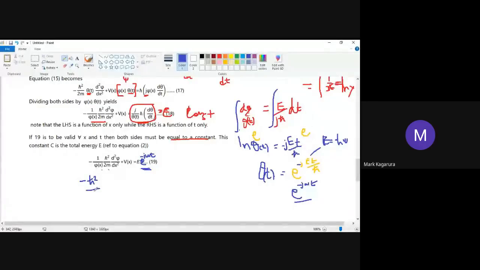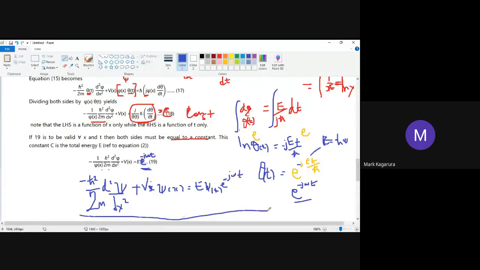Yeah, so it will become negative h bar squared over 2m d squared psi over dx squared plus, so let's multiply through, V x psi x, is equal to E psi x into e to the negative j omega t. So that should be the time-dependent Schrodinger equation.